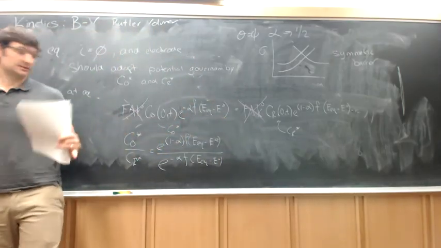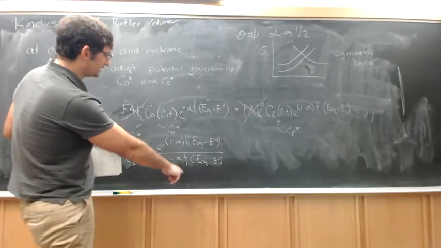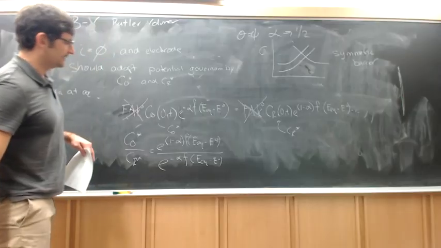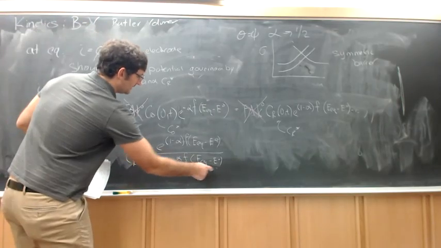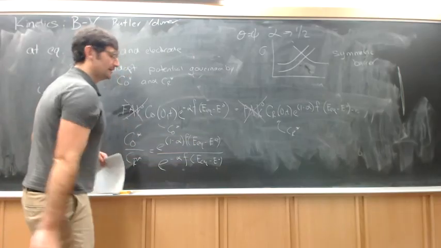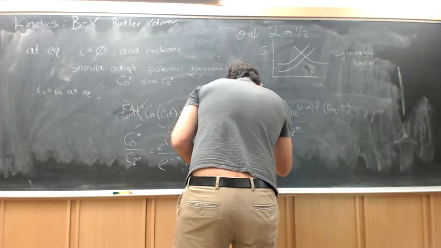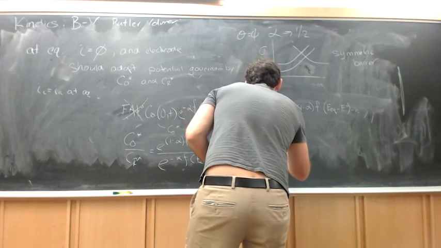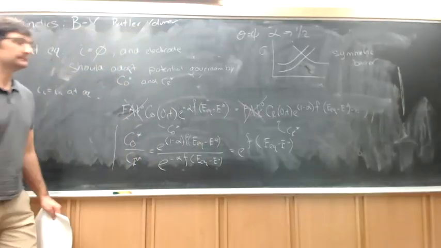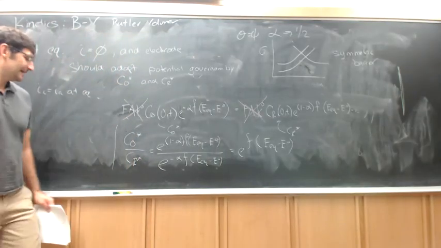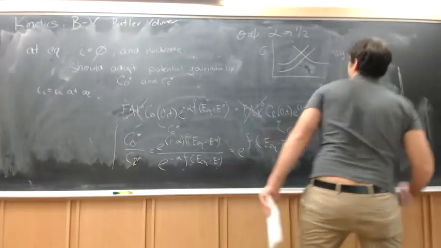We define that at current 0. And if I look at this, if I divide two exponents, it's like subtracting them. So the alpha term cancels out, and very quickly that gives me e to the F (E_eq minus E naught). And this is the exponential form of the Nernst equation.